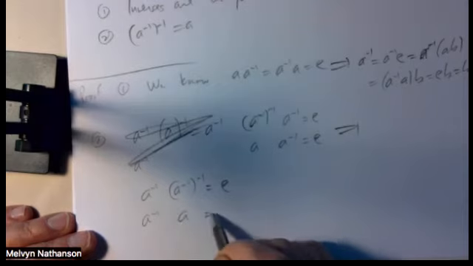And A inverse times A is the identity. And by what I just proved in the first part, that means that A inverse inverse equals A.